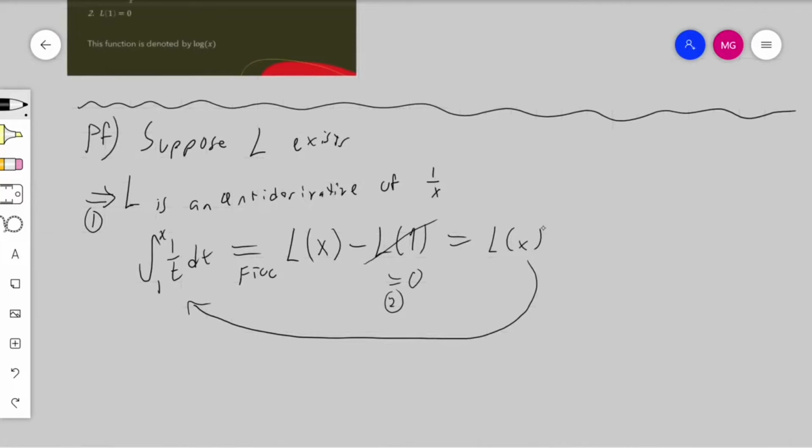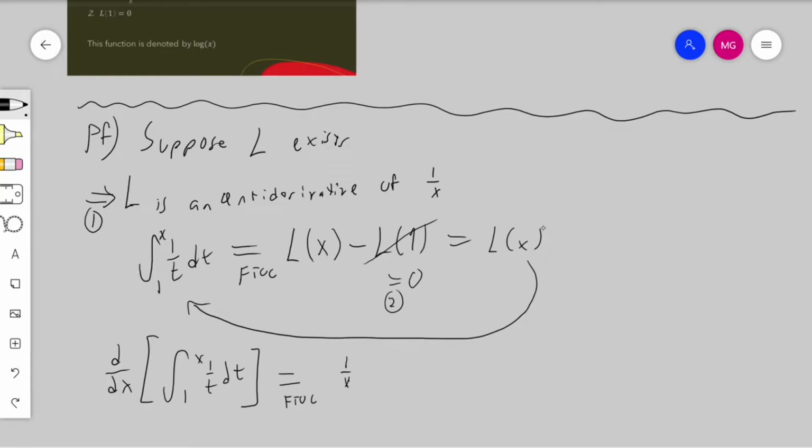Now we'll show the existence, because we'll show that this function does indeed work. What we want to show is the two properties above. First of all, what happens when we differentiate this function, the integral from 1 to x of 1 over t dt? Again, by the fundamental theorem of calculus, this is going to work out simply to be 1 over x.